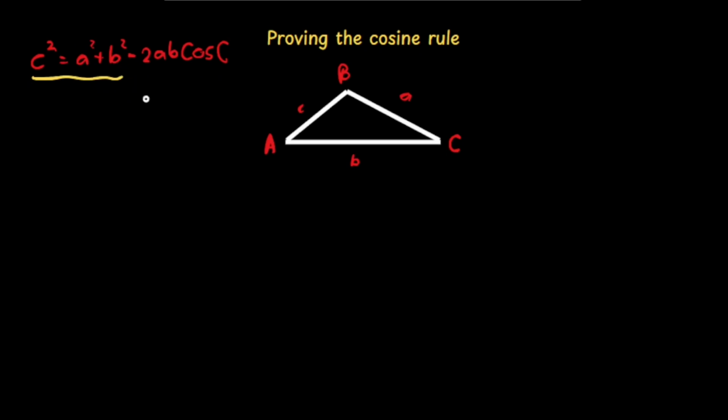Now this is extremely important. It looks quite familiar, guys. Am I right? This is your theorem of Pythagoras. So essentially what we're saying is the cosine rule is the theorem of Pythagoras minus this entire section over here, which allows us to apply it to a non-right angled triangle. And we're going to prove this rule and show you guys how it works.